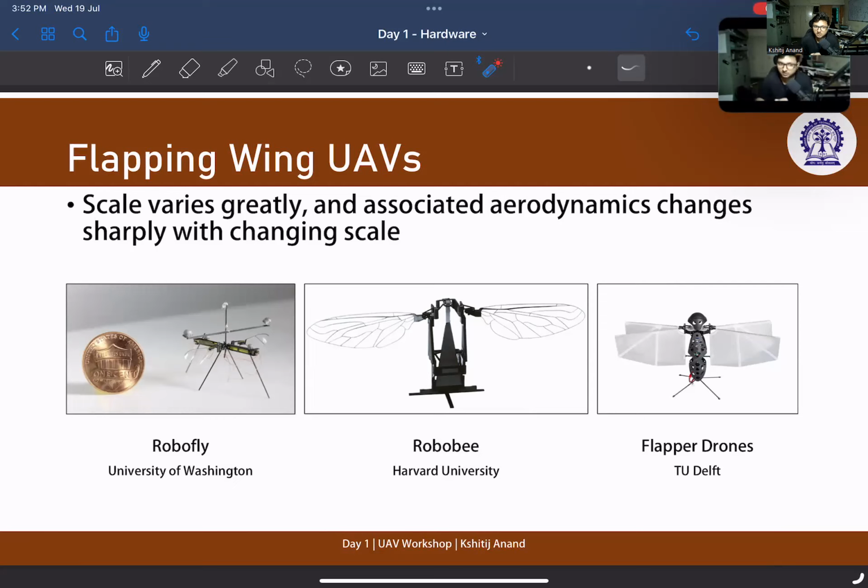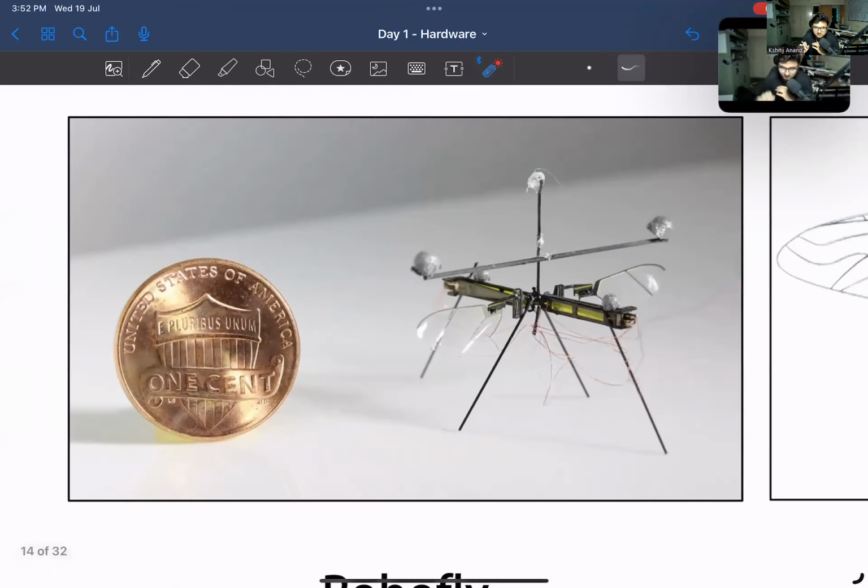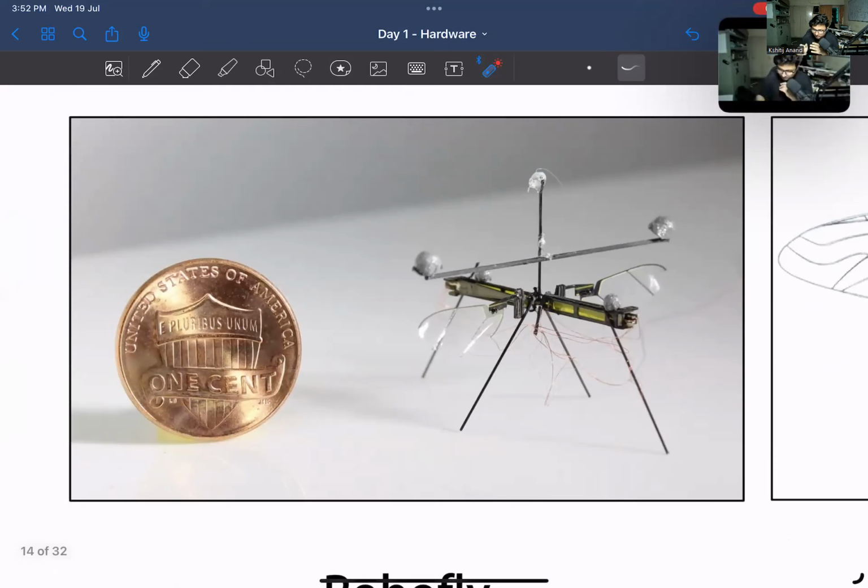No, we are not. If you look at the first MAV, let's say, this is RoboFly. Let me zoom in. I think this is a much clearer picture. This was developed in 2018 at the University of Washington, Seattle.